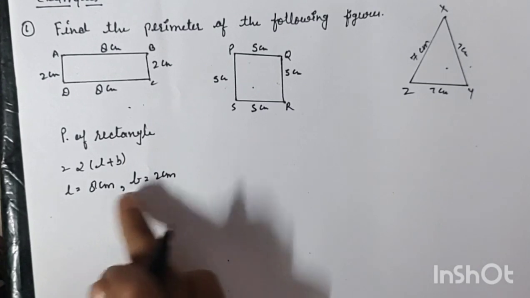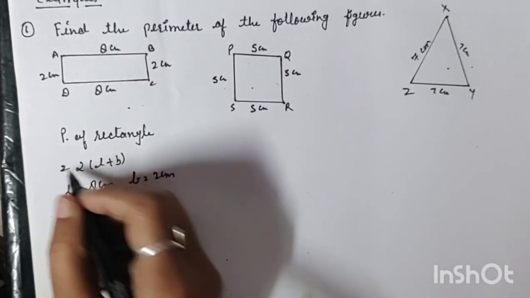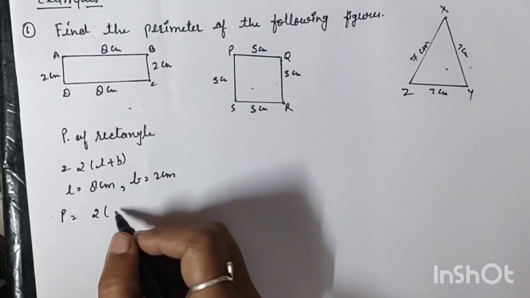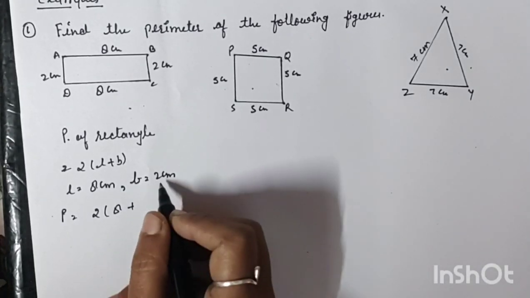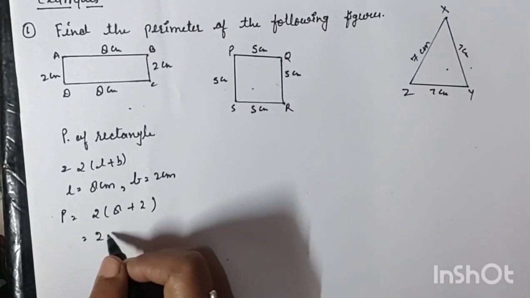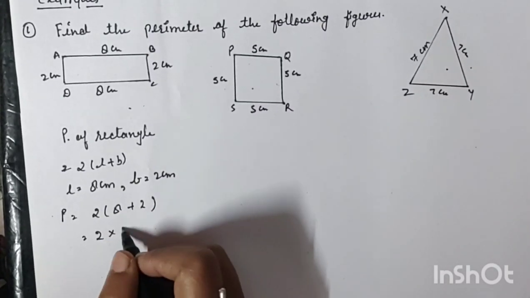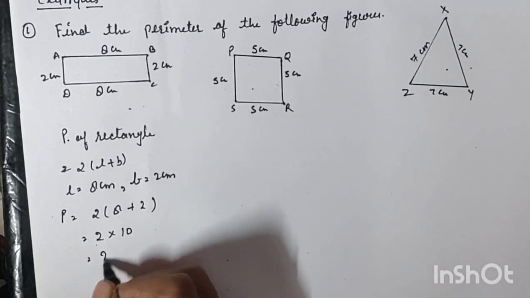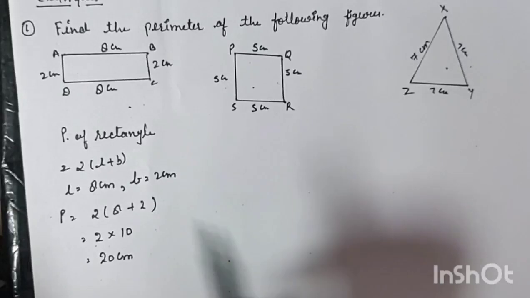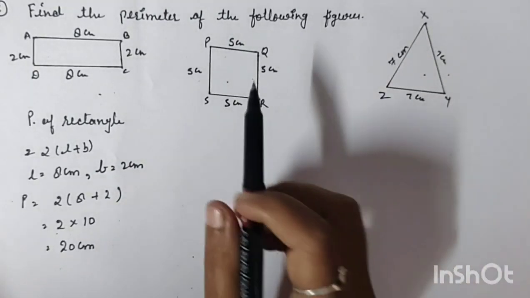Now put the values of L and B in the equation. The perimeter equals 2 into (8 centimeter plus 2 centimeter). So 2 into 10 is equal to 20 centimeter. This is the perimeter of the rectangle. Now come to the next question.